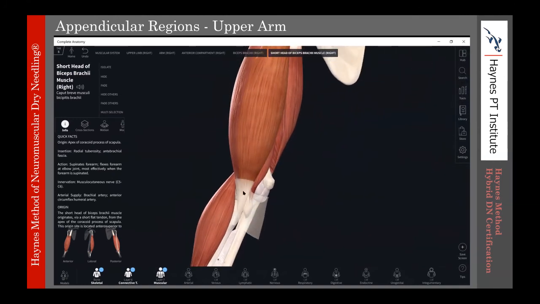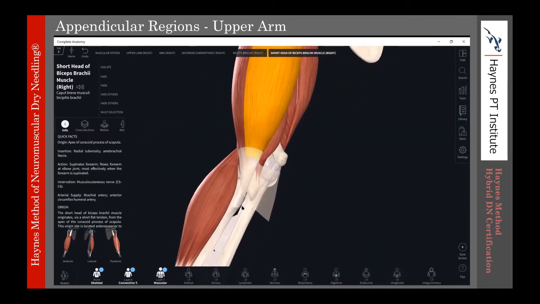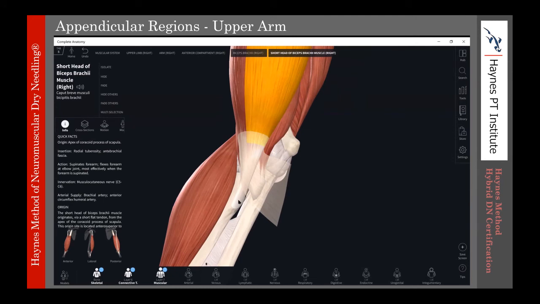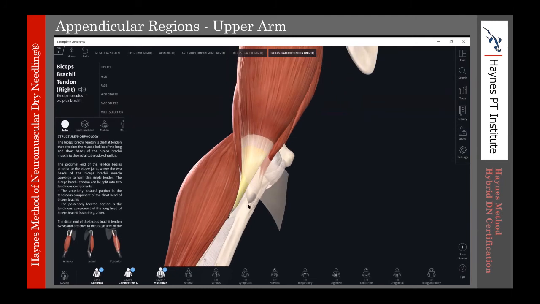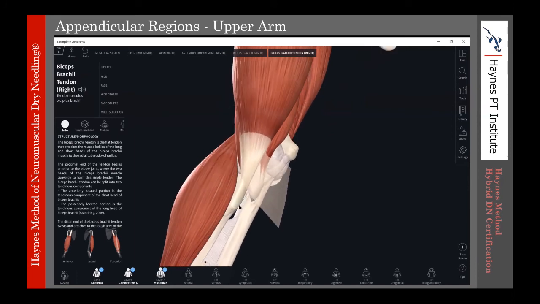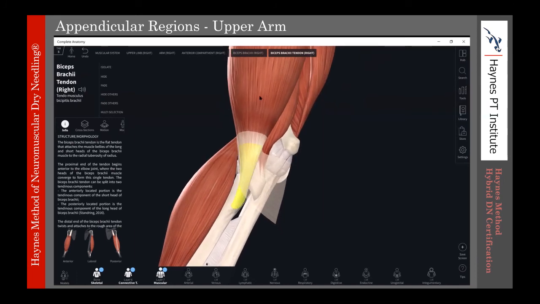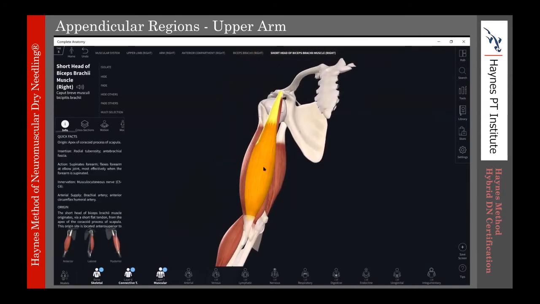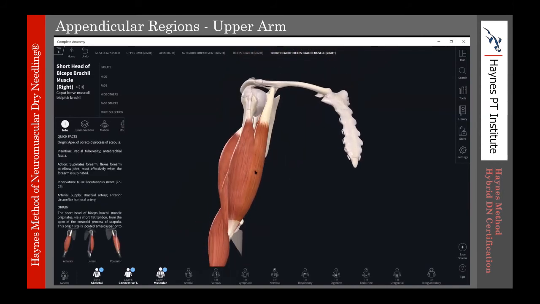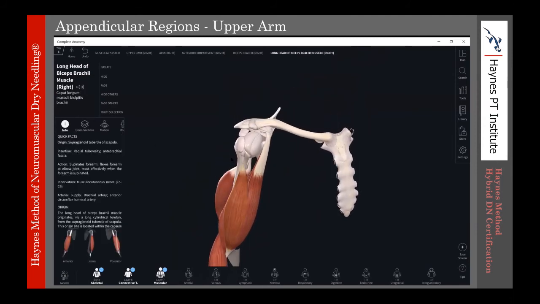So as we rotate down, we can see that coming. Let me go ahead and highlight the tendon itself, and that's its attachment there on that medial aspect of the radius. We come more proximally and look at the long head. So with the long head, the origin is the supraglenoid tubercle.